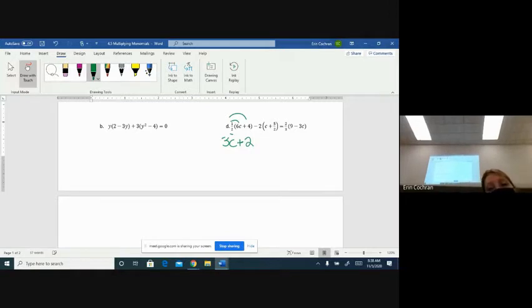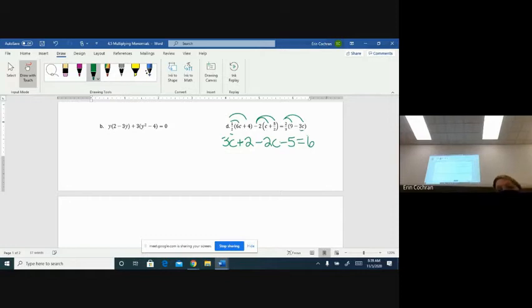What is negative 2 times c? Negative 2c, good. A negative 2 times 5? Negative 10, and negative 10 divided by 2? Negative 5, good. And then we have 2/3 now. 2 times 9? 18. 18 divided by 3? 6. 2 times negative 3c, sorry.